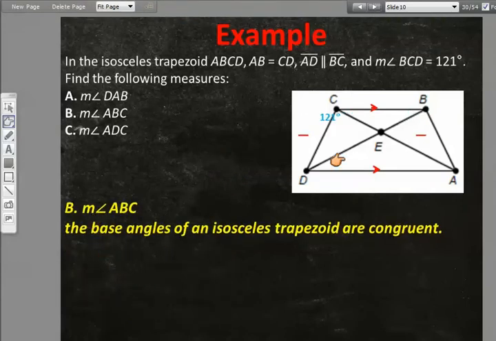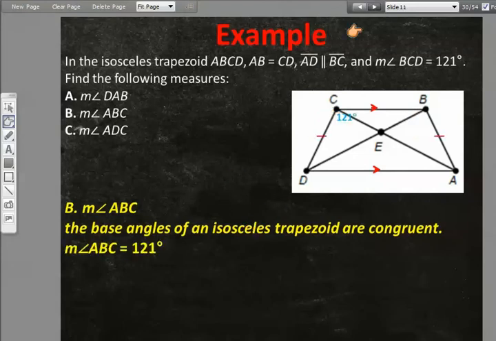Okay, for the measure of angle ABC, oh, look, I moved my picture and I forgot to fix all that. Remember, the base angles of an isosceles trapezoid are congruent, so this says ABC. And since it's congruent, let's see what happens here.